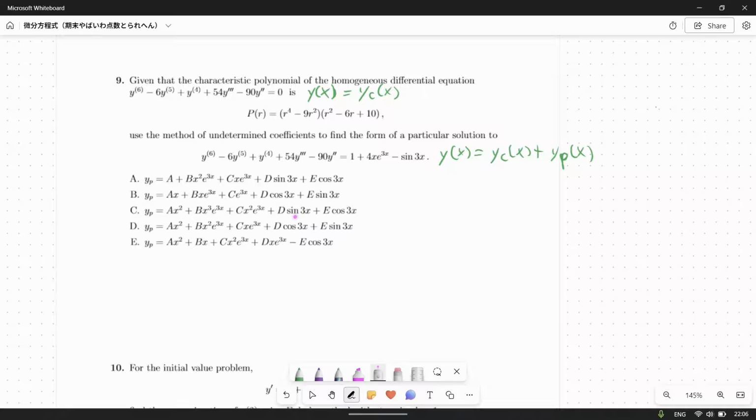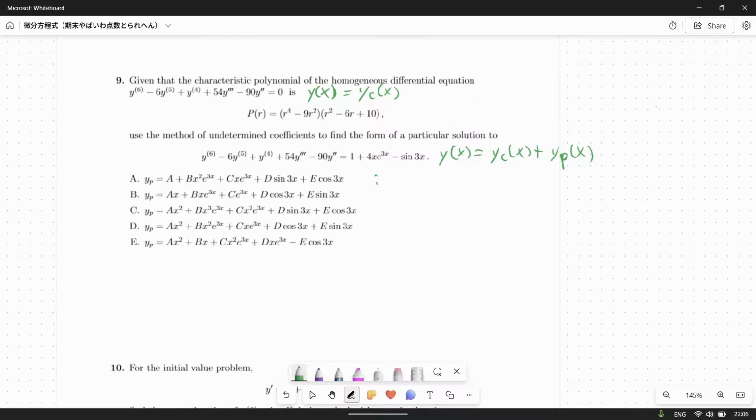And in order to solve for those a, b, c, d, e terms, you'd have to plug it back into this differential equation and solve for it. And if you have an invalid particular solution guess, then when you plug it back into the equation, you're going to end up with some wonky equation that's not going to give you the right numbers. And so that's why you need to compare it with your complementary solution to make sure that you don't have any conflicting terms. So now I'll start with that.